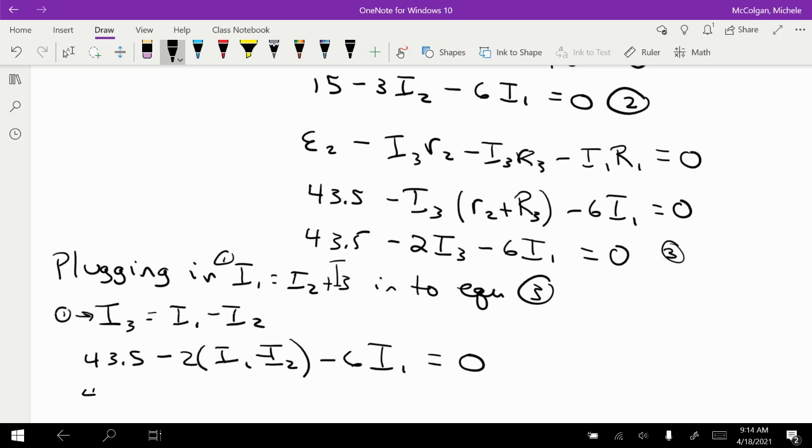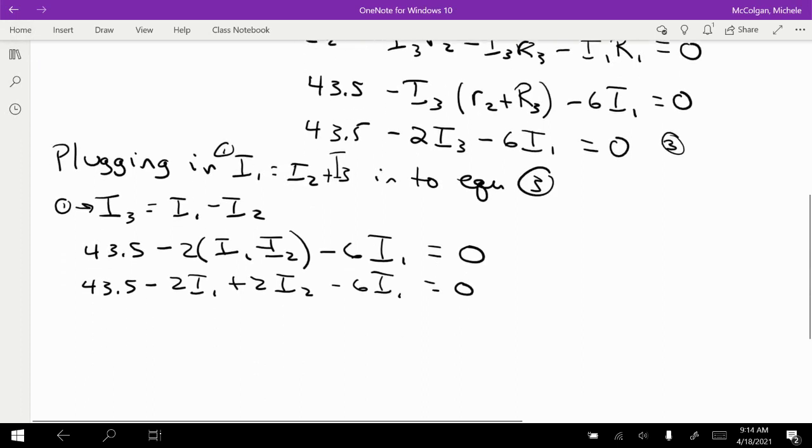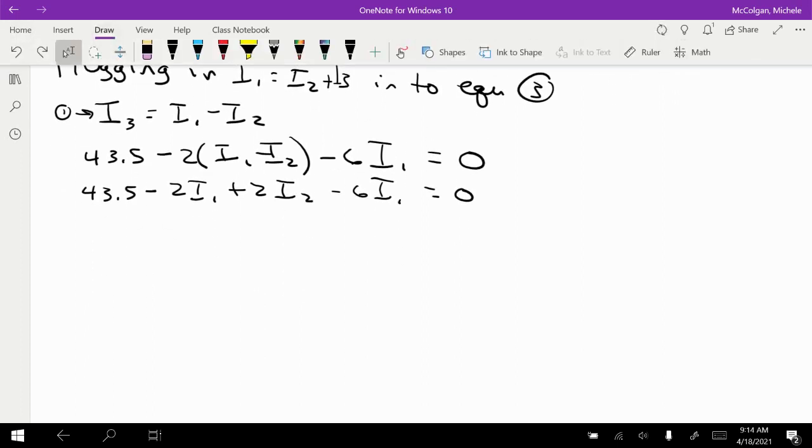So I'm going to have 43.5 minus 2I1 plus 2I2 minus 6I1 equals 0. And scroll a bit. Okay, so I'm going to have 43.5 minus 8I1 plus 2I2 equals 0. Okay, so let's call that equation 4.